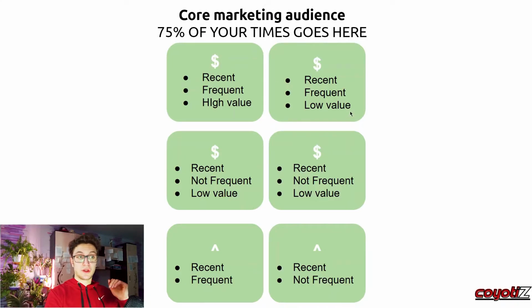Now the third one would be those who buy recently, not frequently, and low value. I guess a high value would be here too. Again, everything about these quadrants I'm going to say a little later in the slides. This is just the overview of the quadrants.